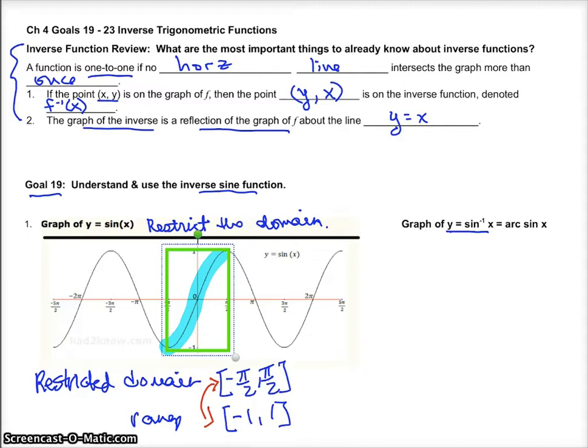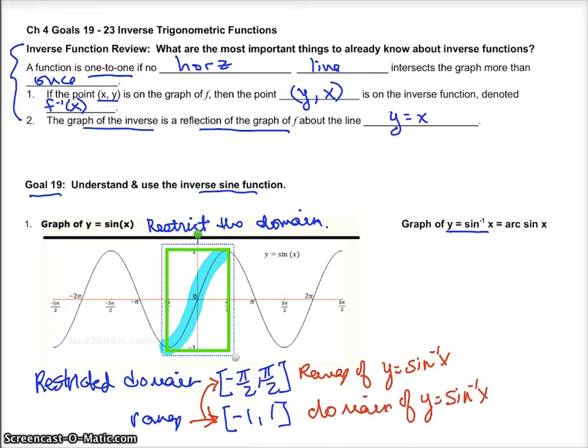So the restricted domain of y equals sine x becomes the range of the inverse sine. The range of y equals sine x becomes the domain of the inverse sine.